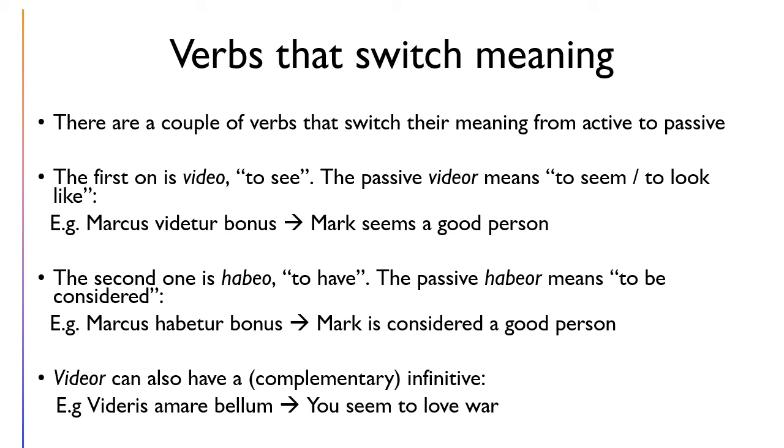Another thing is that videor can also have a complementary infinitive to complete the meaning of the verb. So if I say videris amare bellum, you seem to love war. So in this case, amare would be a complementary infinitive.